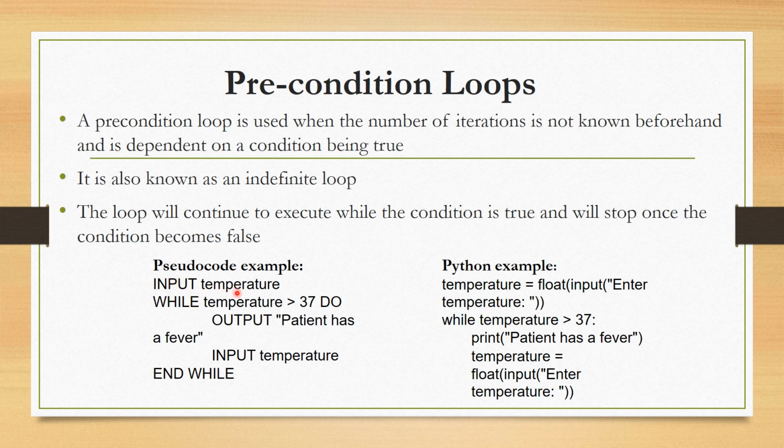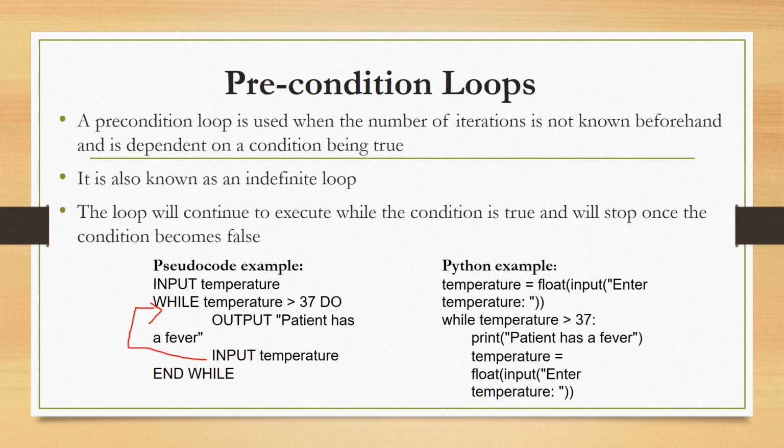Like I have given an input temperature. While temperature is greater than 37, do output patient has a fever, and again take input. After taking the input, it's again going back to the while loop, and it's going to check the temperature.